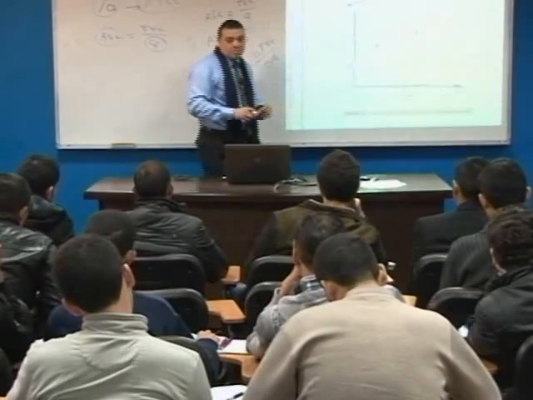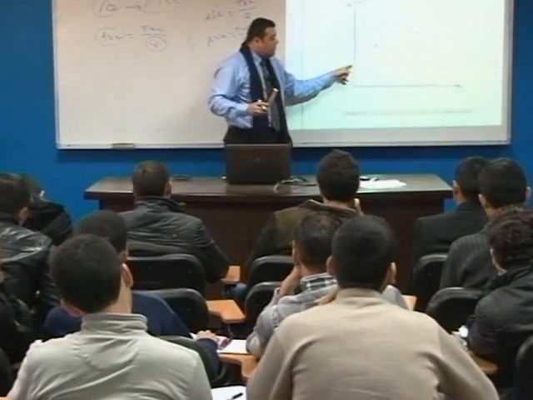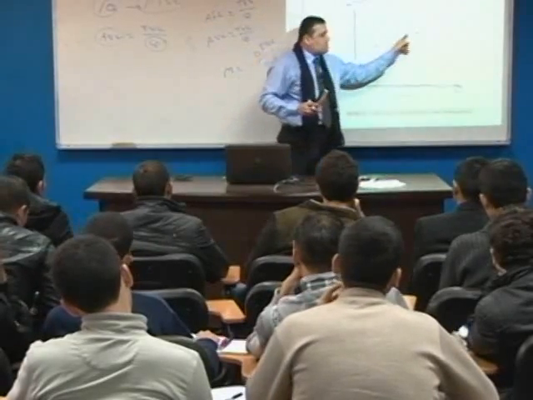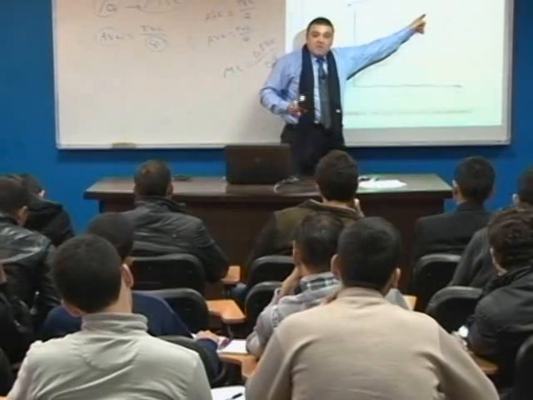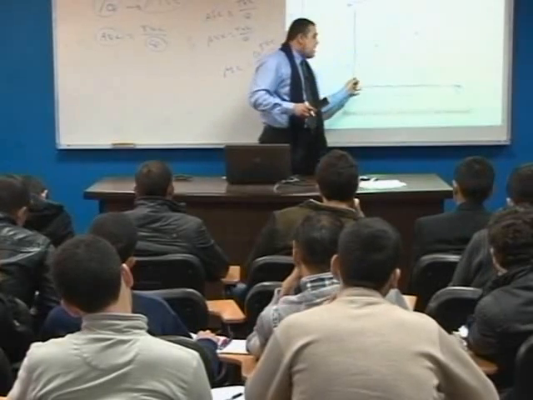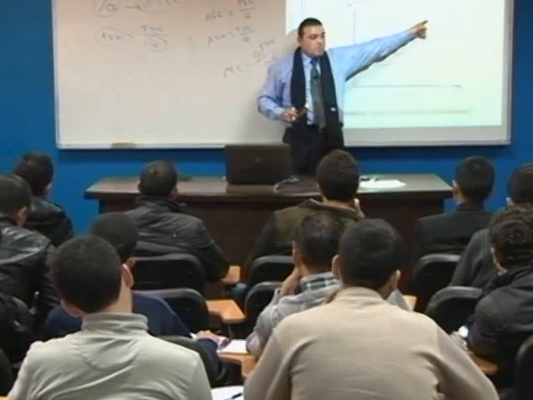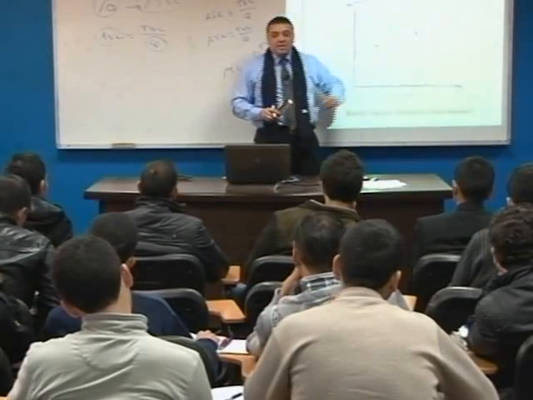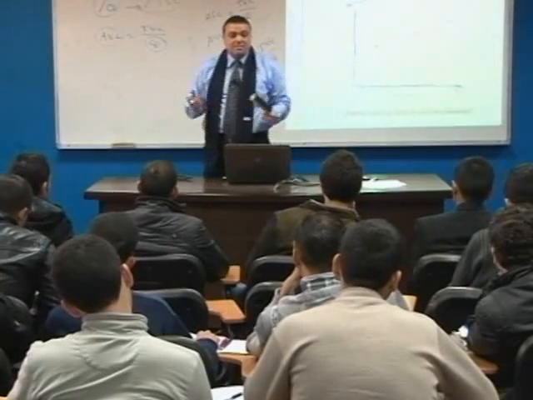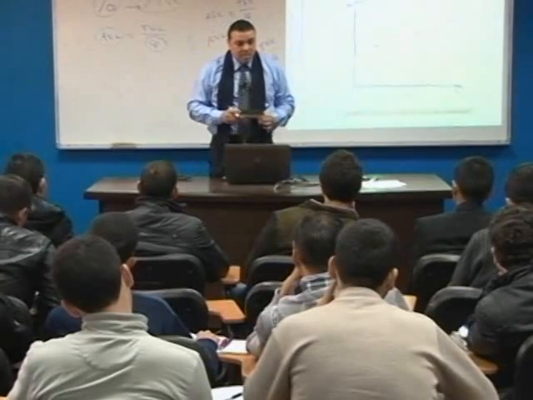Let us see the difference. What else? The shape of the total cost curve is the same as the shape of the total variable cost curve. They have the same shape and the same slope, right?